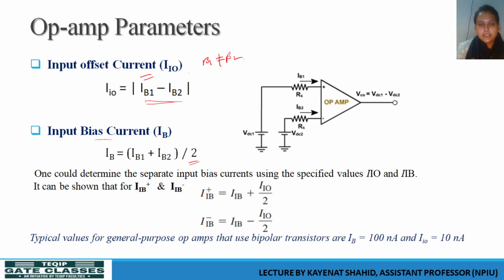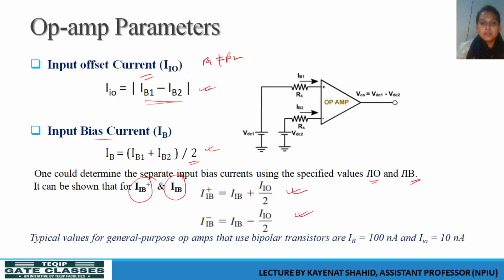There are some problems that will be given in your question paper or any competitive exam, where the input offset current is given, the input bias current is also given, and you have to find out this IB plus and IB minus. So we can use this equation and solve it.